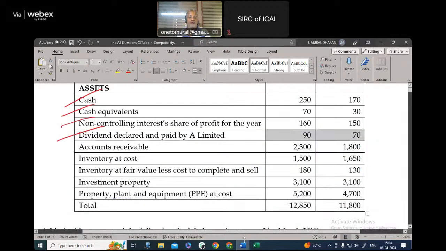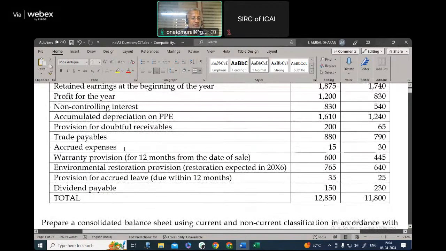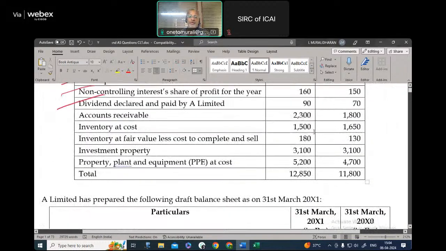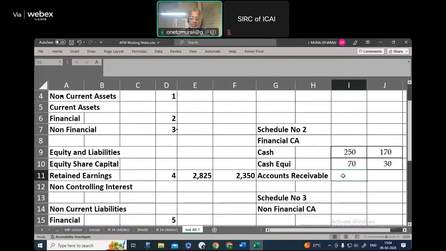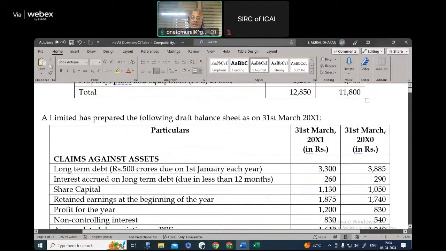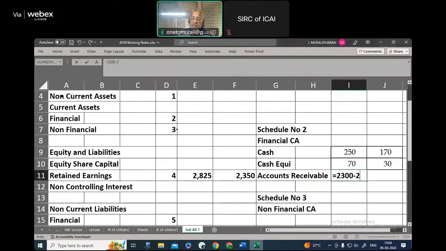How much is the figure for accounts receivable we are going to take up? 2300 we are going to take up. But we have provision for doubtful debts to the extent of 200. So we are expected to deduct the corresponding provision. So equal to 2300 minus the provision that we have on the other side, 200.